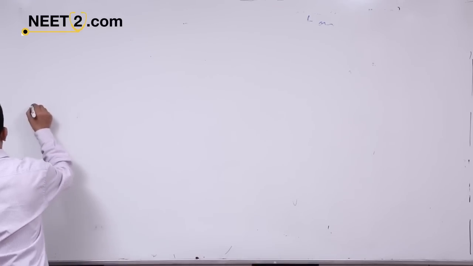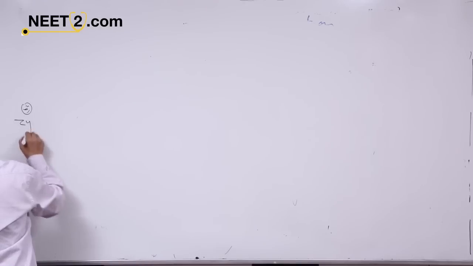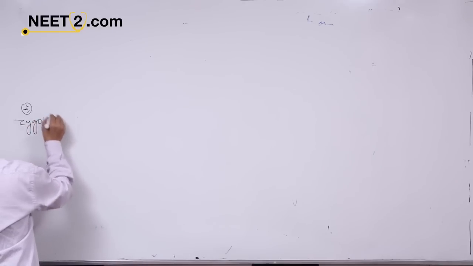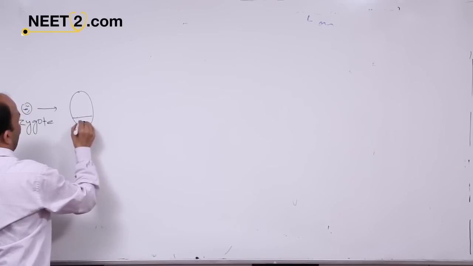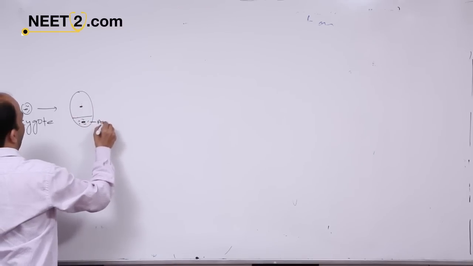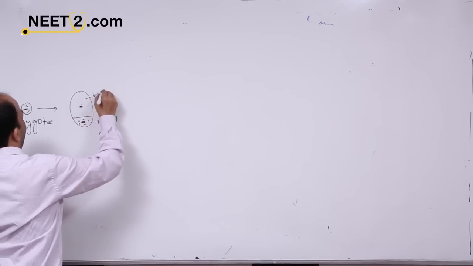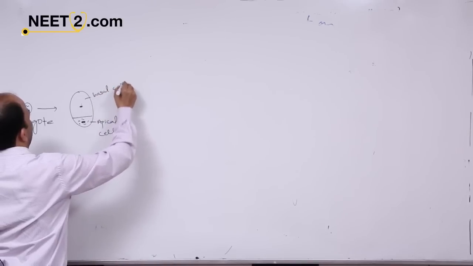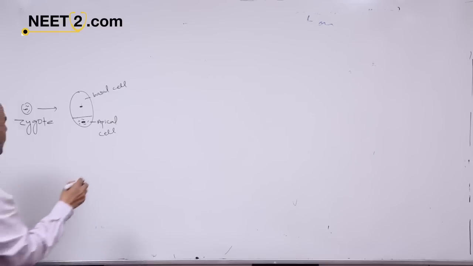So here you will find this single celled zygote. This single celled zygote will divide, producing a small apical cell and large basal cell. Basal cell will be present towards the micropylar end and apical cell will be present towards the chalazal end.